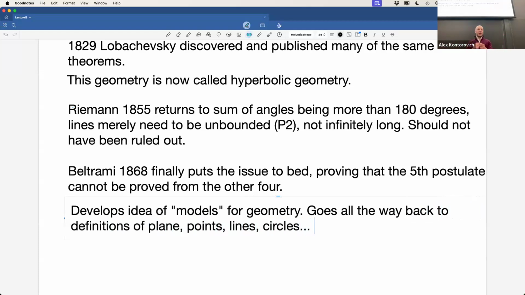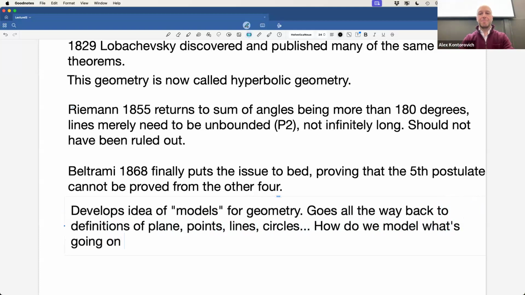What Euclid is doing is synthetic geometry. How do we model what's going on in Euclid's or any kind of synthetic geometry? Synthetic geometry is geometry given by axioms of what you're allowed to do. That's what Euclid is trying to do.